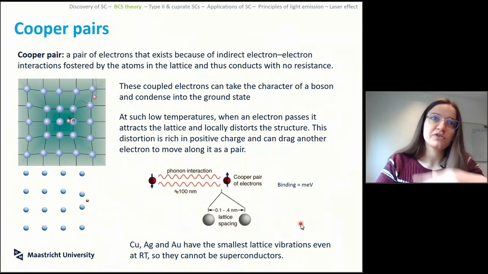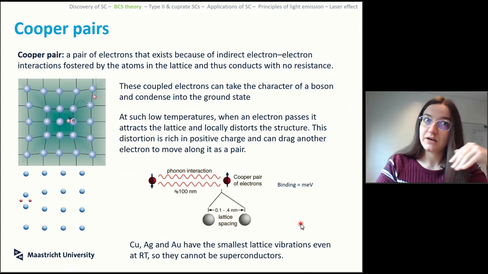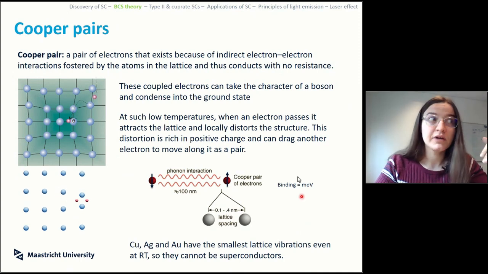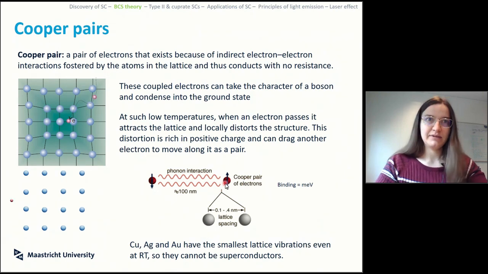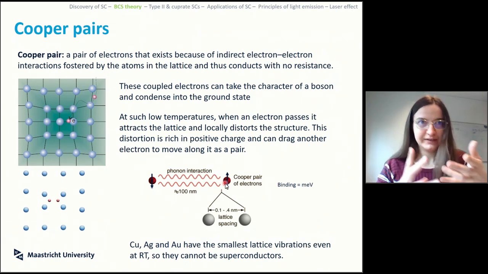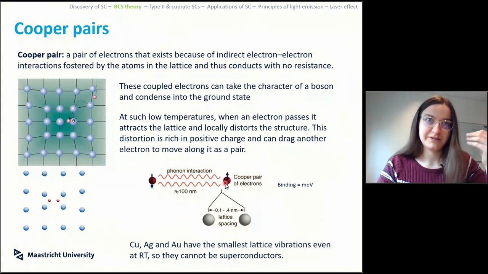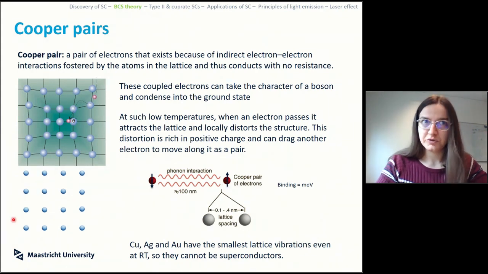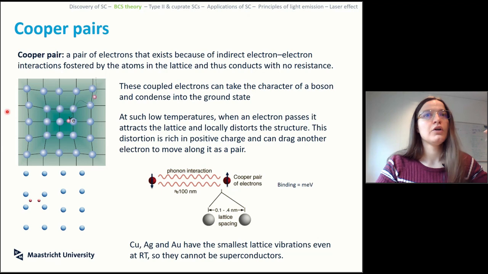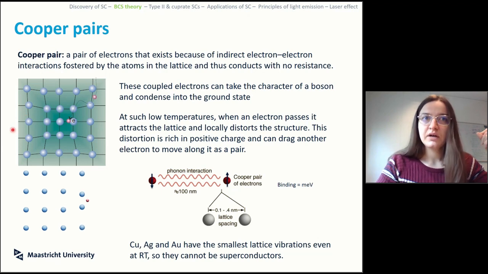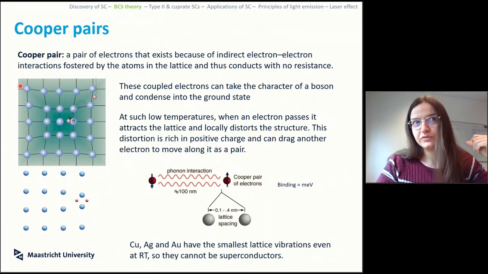If the lattice vibrations are already low, it means that at low temperature they won't be able to be prominent enough to do this type of coupling. And this coupling is the Cooper pair coupling, core of the BCS theory of superconductivity, and it tells us why can you have superconductors. These are all low temperature superconductors. In the next part of the lecture, we are going to look at some high temperature superconductors.